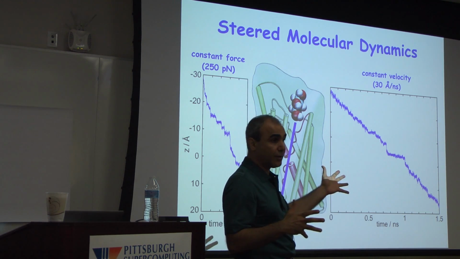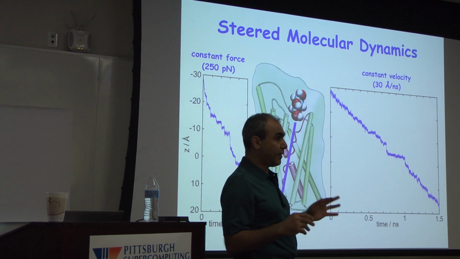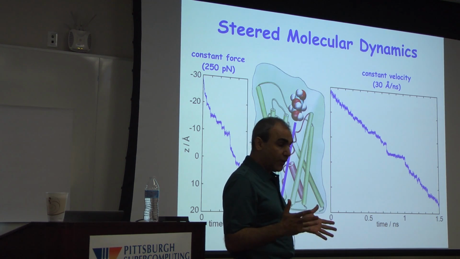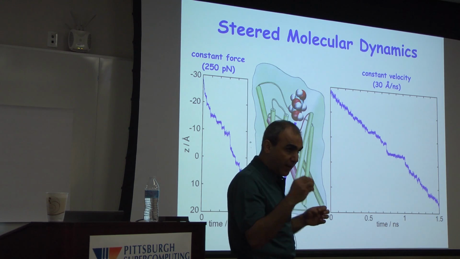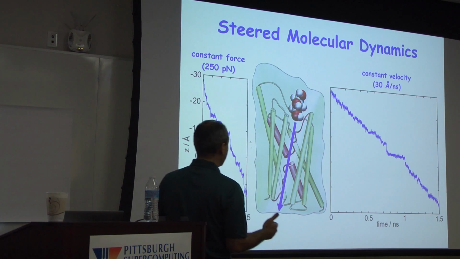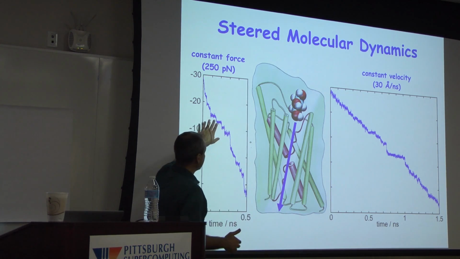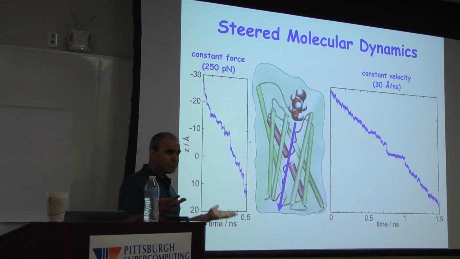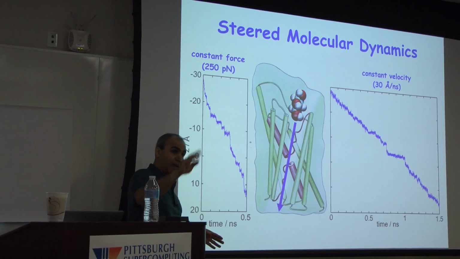This is my allocation on my cluster. It takes me a week. I know that from my benchmark. So what should I do to make sure that my event takes place in 100 nanoseconds? If you want to use a constant force, you never know. You have no idea how slow this process is or how large the barrier down the road is.